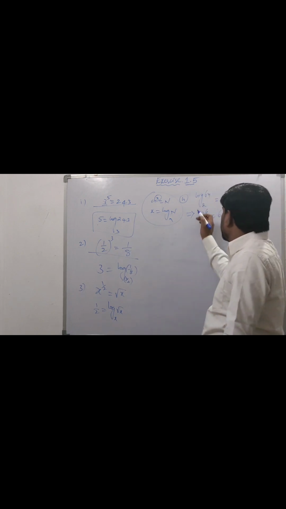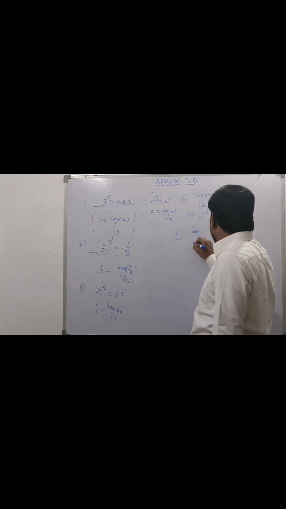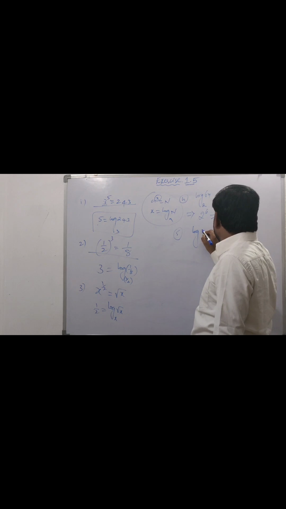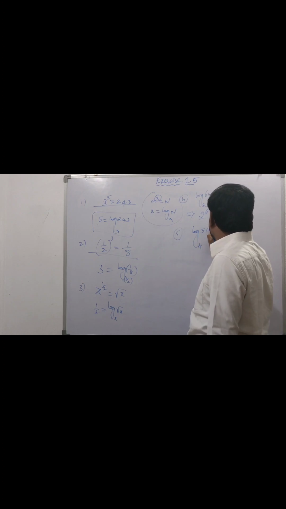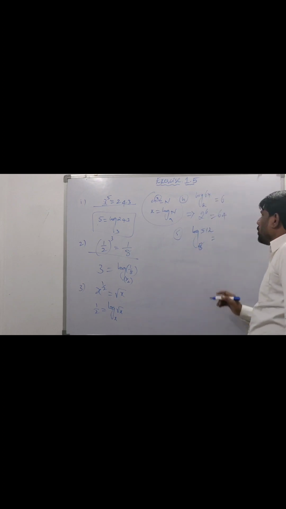Clear? Next, some other example. Suppose logarithm of 64 to the base 4, or else let us say 512 to the base 8 is equal to 3.